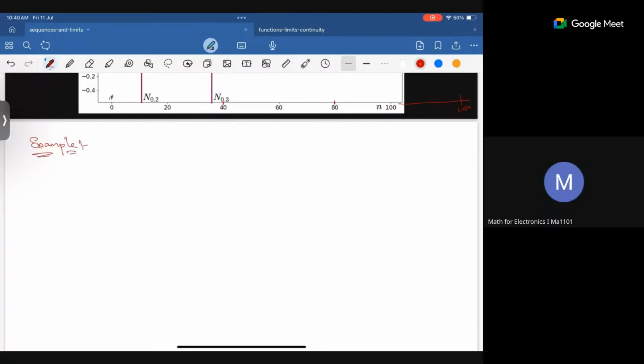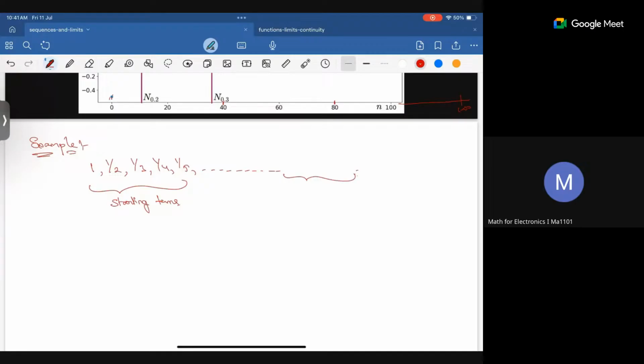The example that we are going to take again is 1 half, 1 by 3, 1 by 4, 1 by 5, and so on. These are the initial terms of the sequence, the starting terms. And you will have some terms in the middle.